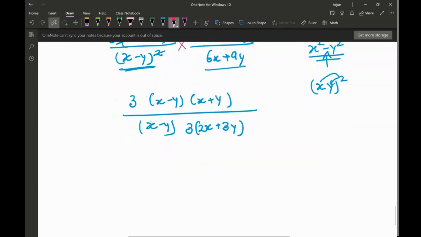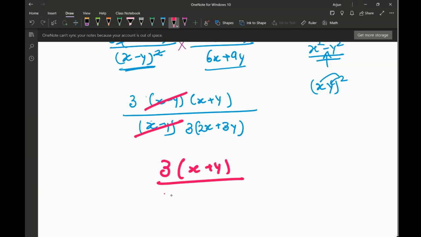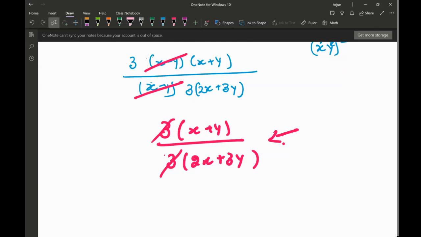Now I can cancel x minus y, and then 3x plus y upon 3 here, 2x plus 3y, and I can also cancel this 3, and this will be my final answer. The leftover will be the final answer. So this is the question on multiplication.